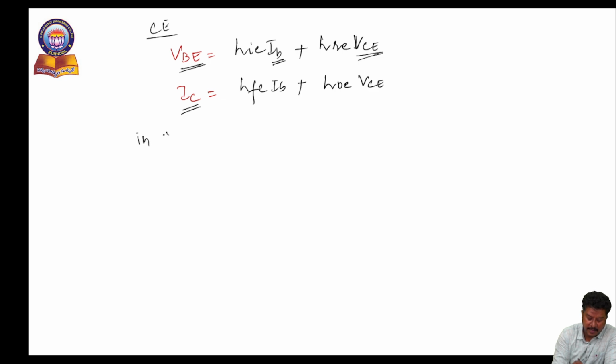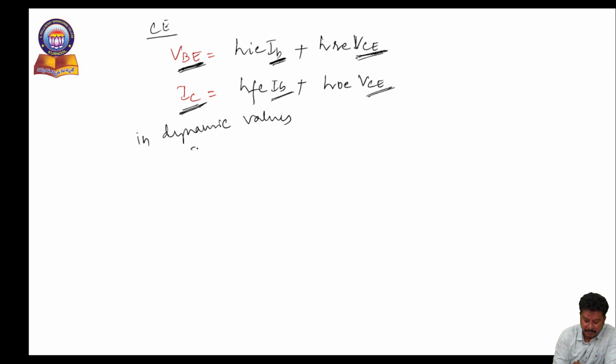So that everything I have to represent in dynamic values. In dynamic values, I observe what will be the variation of VBE, what is the variation with respect to the variation of IB, what will be the variation of VBE with respect to the variation of VCE. Similarly, the variations of output current with the variations of input current as well as output voltage. So for that purpose, I have to represent in the form of dynamic values.